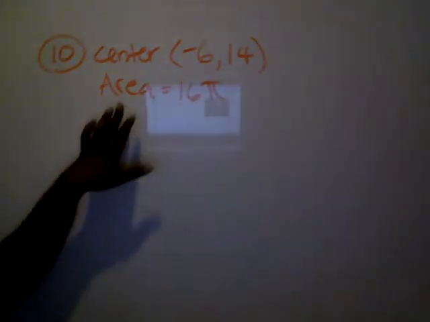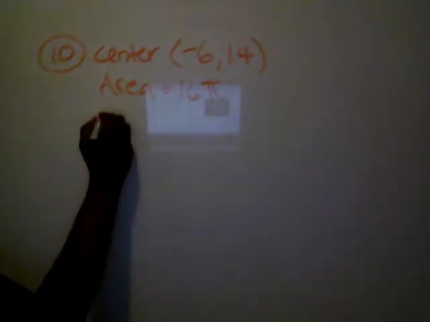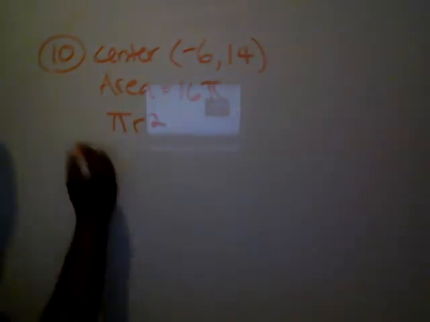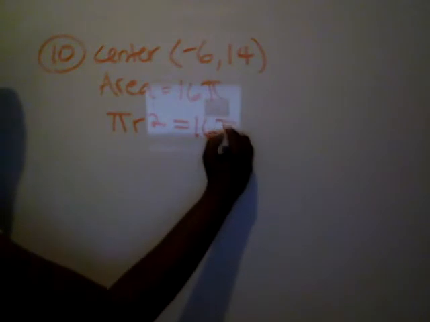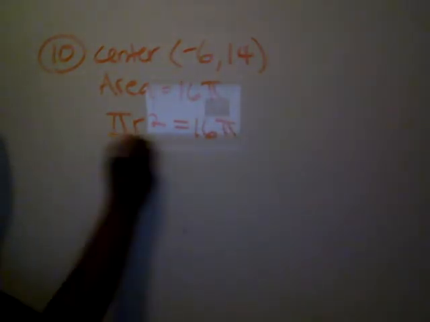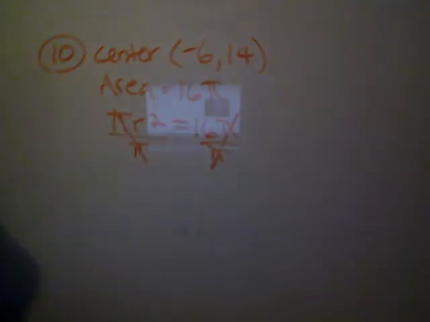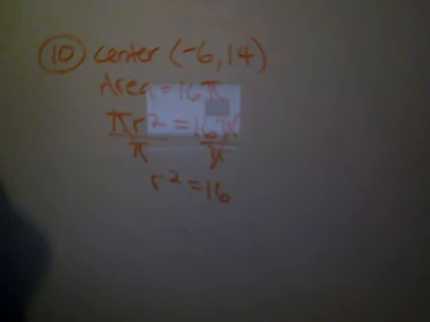Okay, so if we start with this area part first, because the center we already have that information, that will help us to write the equation relatively easily. But area, if we remember the area equation, that is pi r squared. So if our area equation, which is pi r squared, is supposedly equal to 16 pi, okay, we can divide both sides by pi. So our pi's would cancel. So we'd find out that r squared is equal to 16.